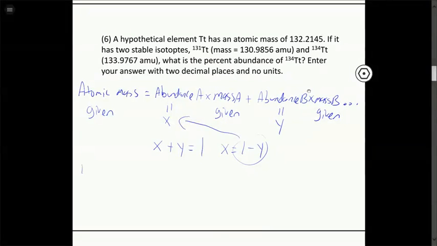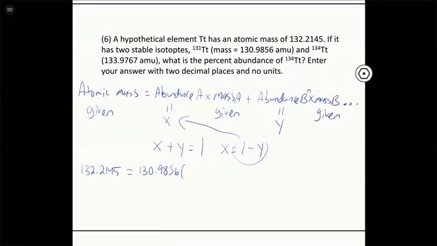So the atomic mass we're given, 132.2145, is equal to the mass of the first isotope times its abundance. The mass of the 131 is given as 130.9856, and its abundance, when we rewrote the equation, is 1 minus Y, which is what we're solving for.